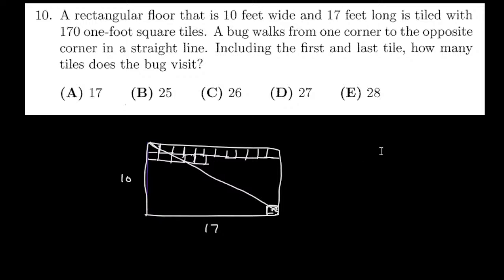Horizontally, it is crossing all the 17 tiles. Each tile in the horizontal line will be crossed. In the second row, the second and third are crossed, and as I go below, the next two are crossed. So horizontally 17 tiles are crossed. Now, vertically, how many tiles are crossed?